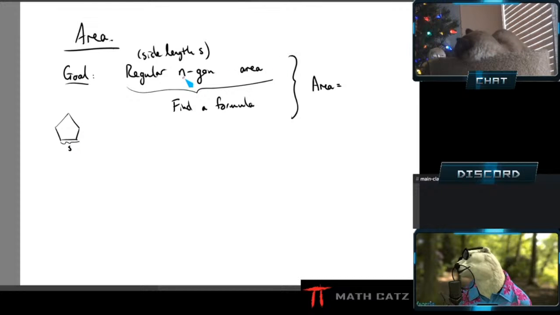So N counts the number of sides. S is the side length specifically. Then the formula is going to take S, square it, multiply it by N, divide by 4 times the tan of 180 degrees over N.